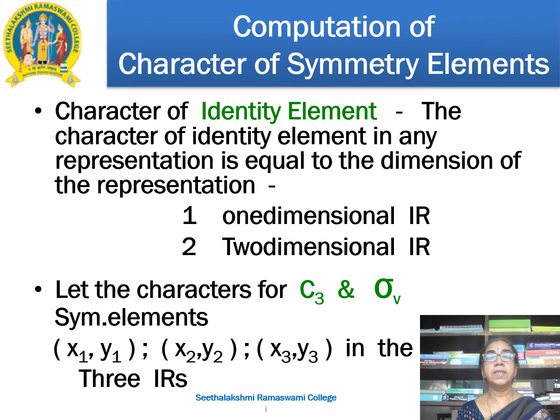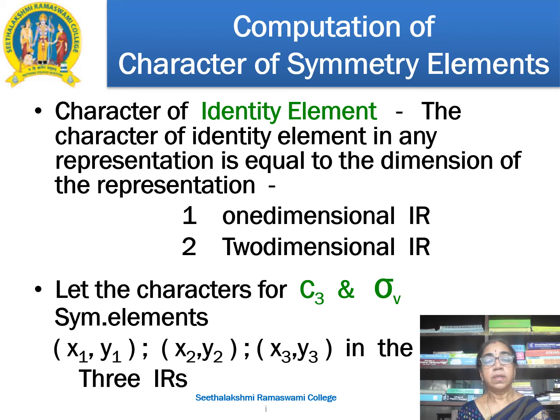The next step is computation of the characters of the symmetry elements. In general, the character of the identity element is equal to the dimension of the representation where it is present. In the present case, the character of the identity element in the two one-dimensional IRs is 1, and in the third, the two-dimensional IR, the character of the identity element is 2.